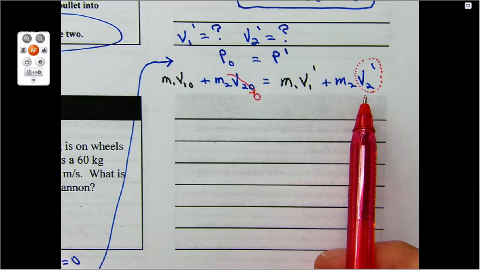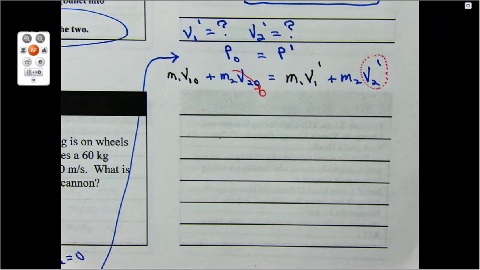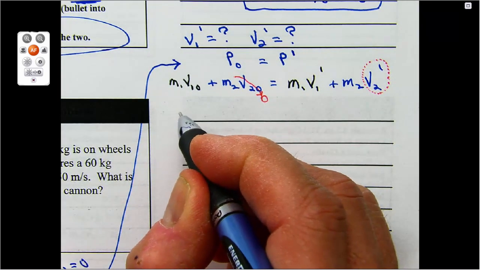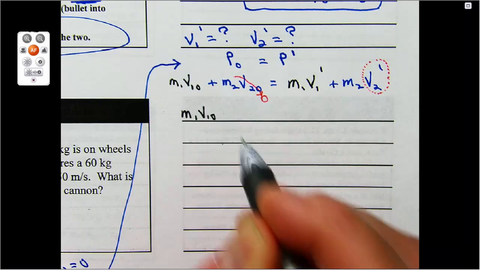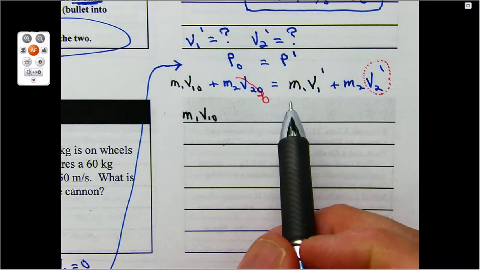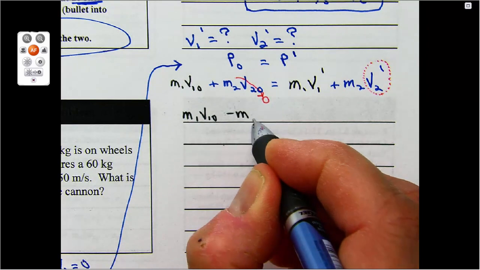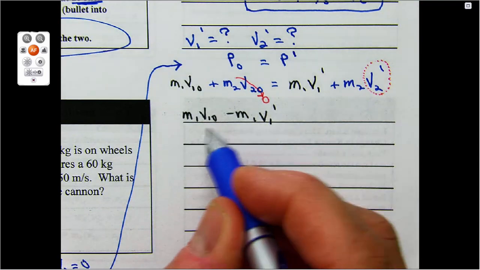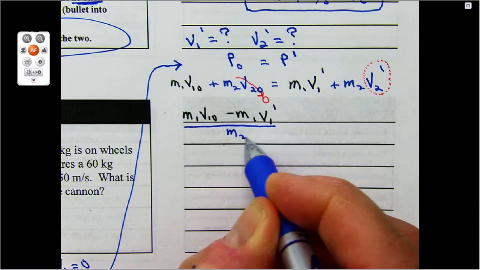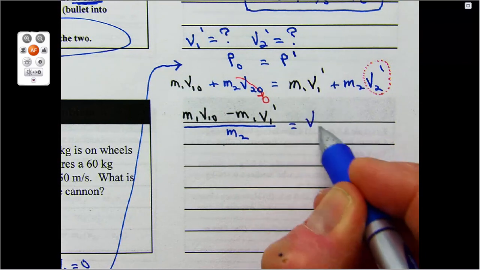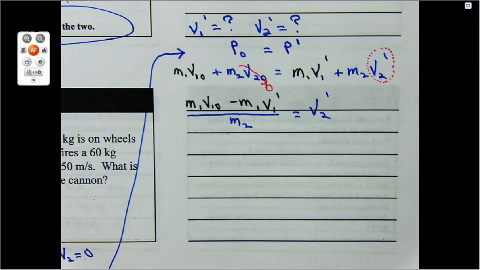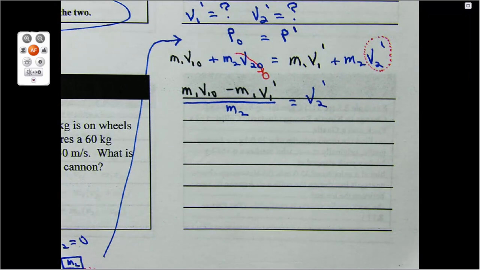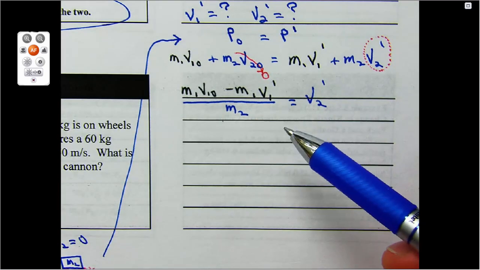If we solve this for V2 prime, we are going to end up with M1 V1 initial minus M1 V1 prime, that's V2 prime, right? So that's conservation of momentum. That's what we know so far. And we could factor out an M1 if we wanted to. I don't think it's going to do us any good at this point.